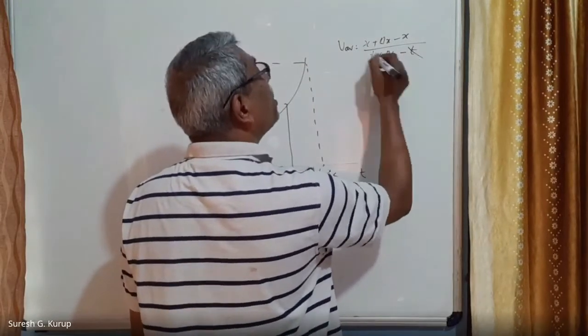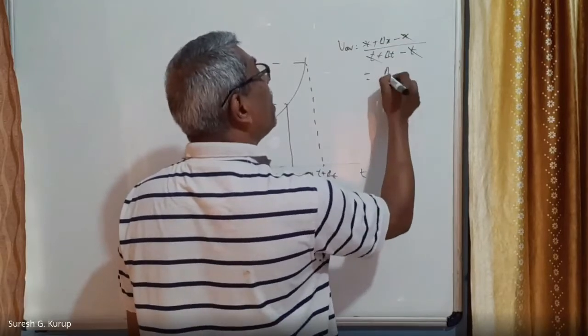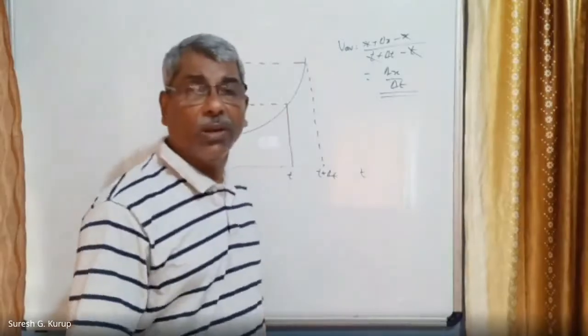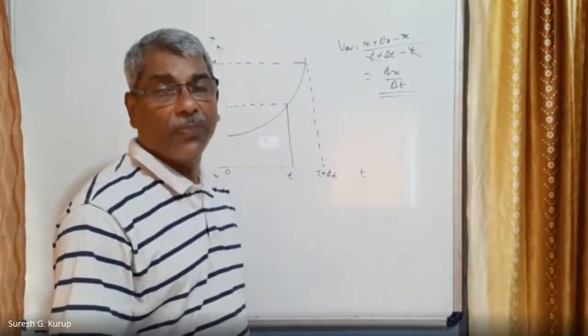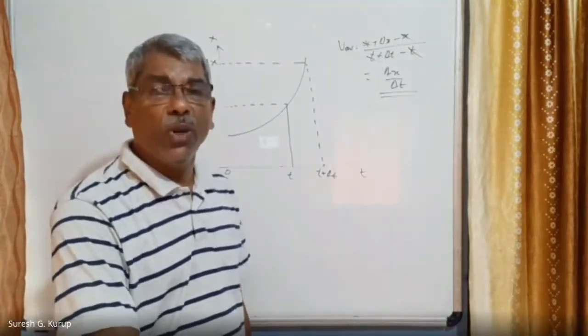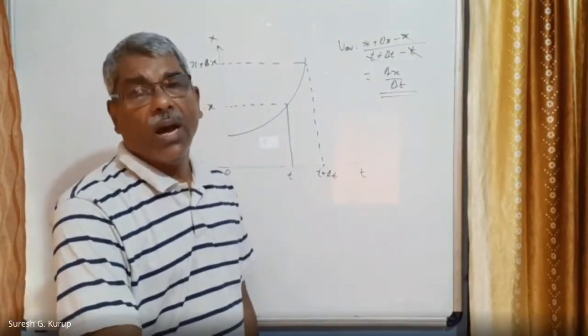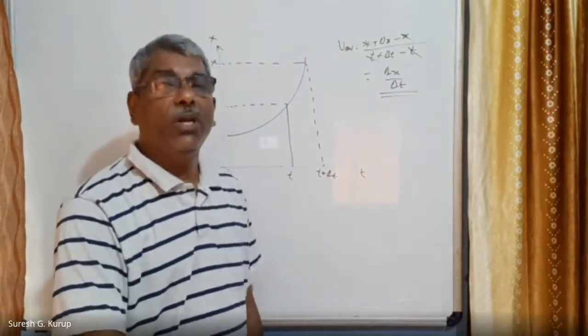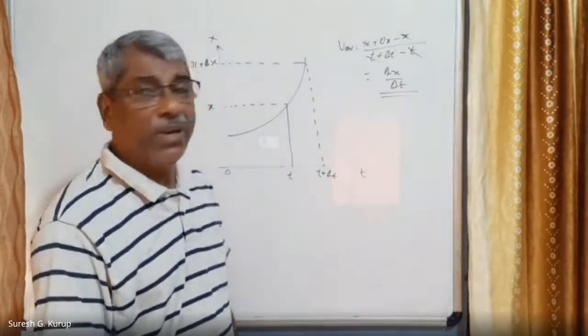So t and t cancel, x and x cancel, and we get delta x by delta t. Delta x by delta t is called average velocity. So when a body moves with non-uniform speed or velocity, we calculate the average velocity of the body. Average velocity is equal to total displacement by total time, right?